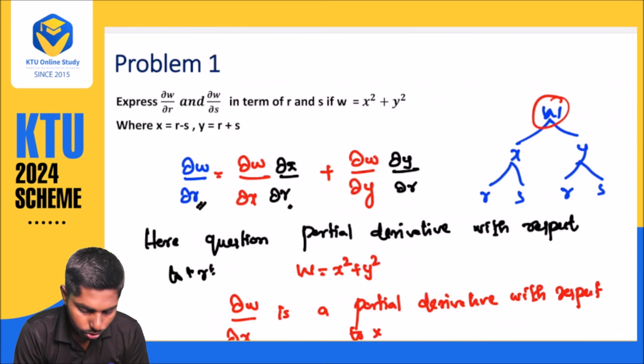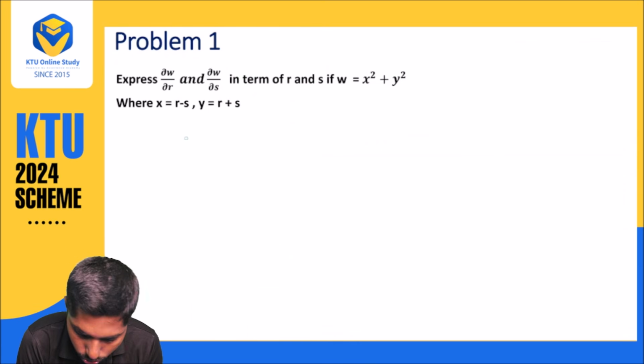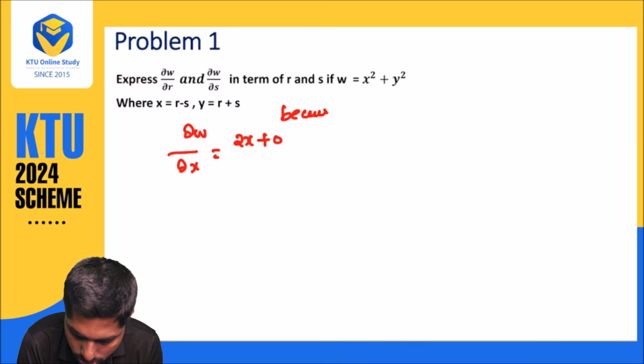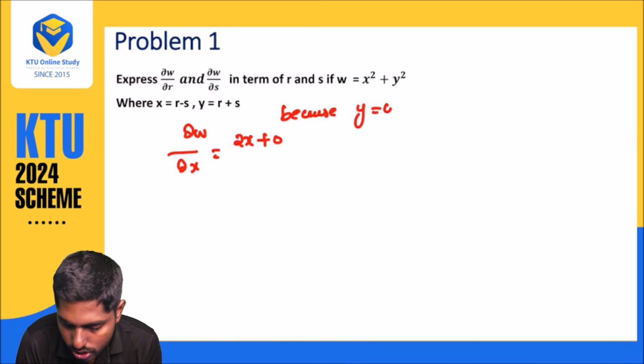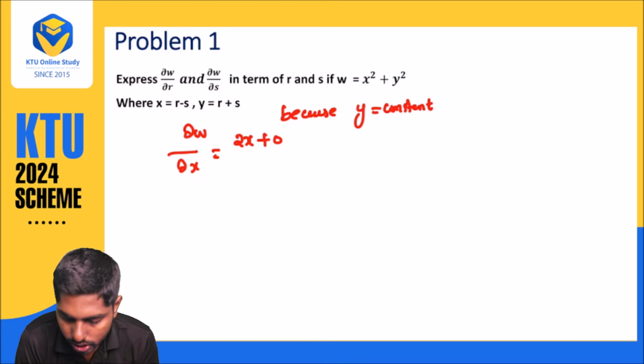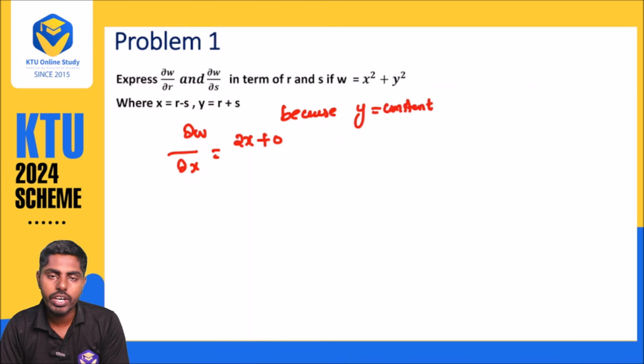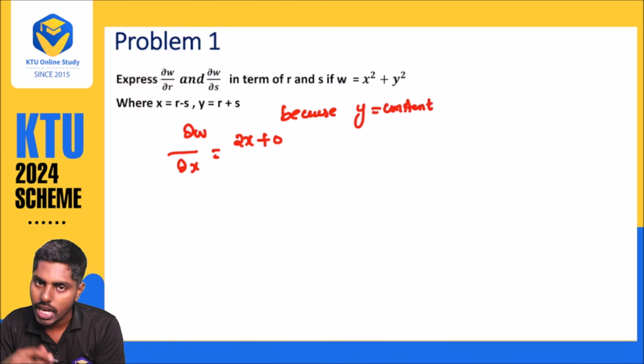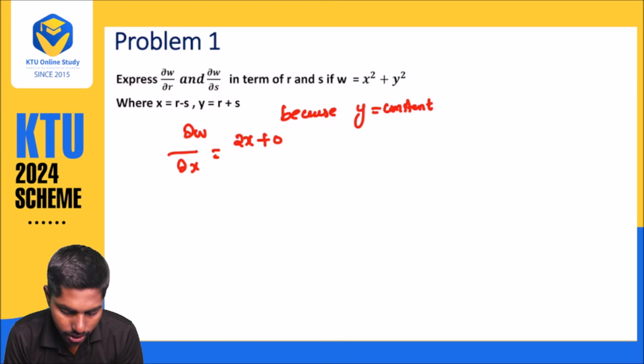We will get 2x plus 0, because y is a constant. The reason is that we are partially differentiating with respect to x, which means the other term becomes constant.